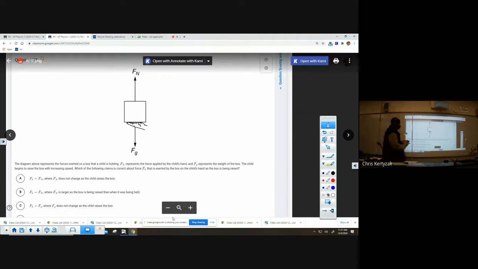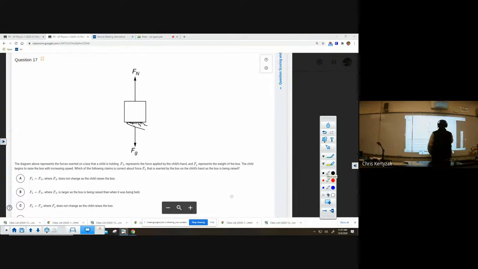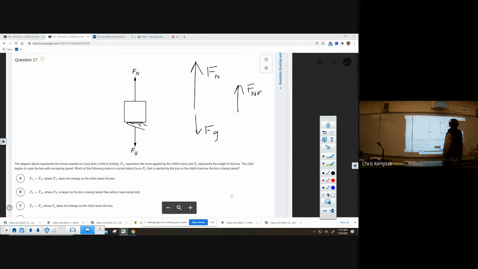Well, for one, if it's being lifted with an increasing speed, we know there must be more upward force than downward force, so that there's a net unbalanced amount of force. We imagine Fg being subtracted away from Fn, right? And then it would accelerate up.